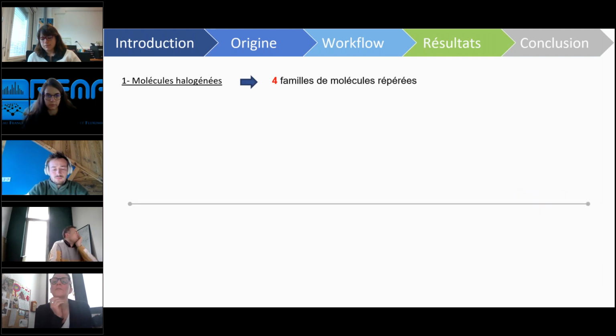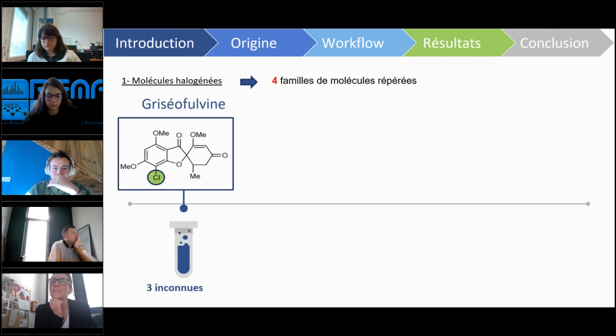Four families of molecules have been highlighted from this first study. Compounds from the griseofulvin family, and from those compounds, three of them seem to be unknown.